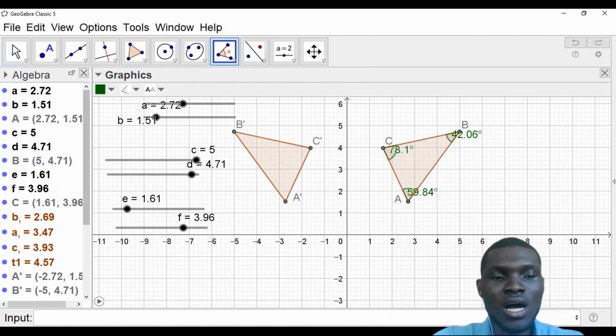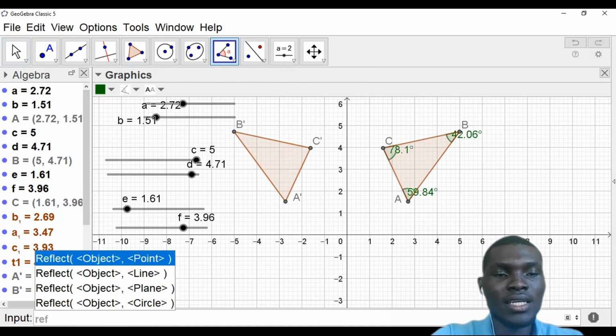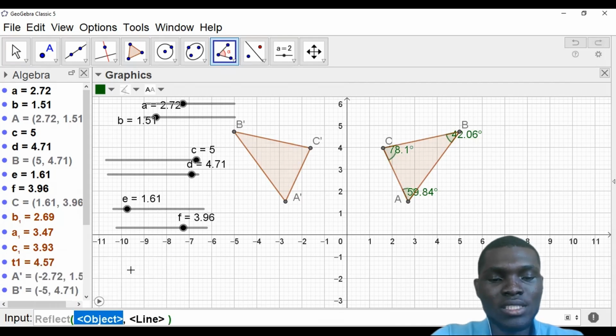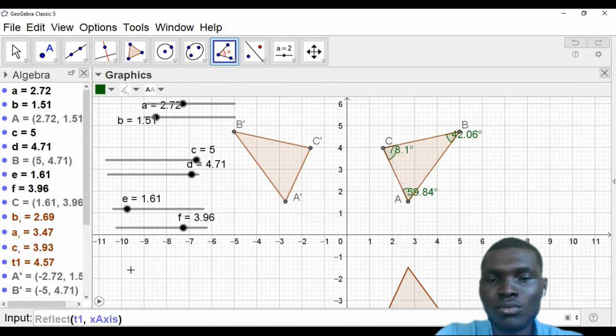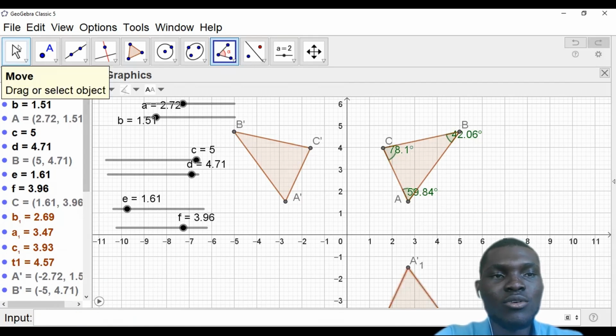Then I'm going to reflect it with respect to the x-axis. So I have my object T1 being reflected by the line, the x-axis. So I have what is being reflected here.